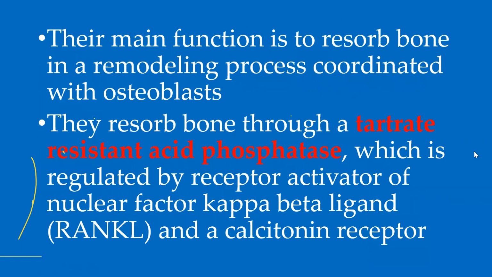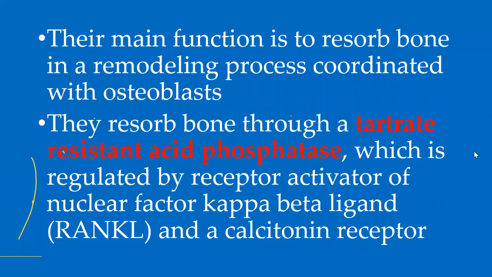Their main function is to resorb bone in a remodeling process coordinated with osteoblasts. They resorb bone through a tartrate resistant acid phosphatase, which is regulated by a receptor activator of nuclear factor kappa beta ligand.